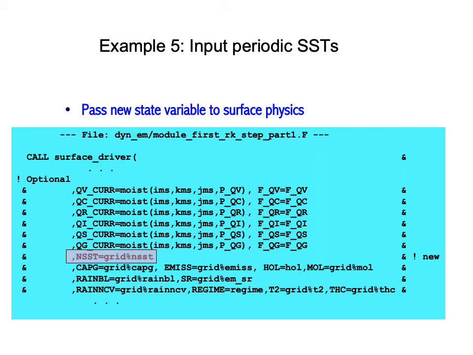Module first RK step part 1 has the grid construct, and we dereference the grid construct and pass that dereferenced value into the local variable for NSST. The association of these two variables means that the order inside of the surface driver of those arguments doesn't matter.